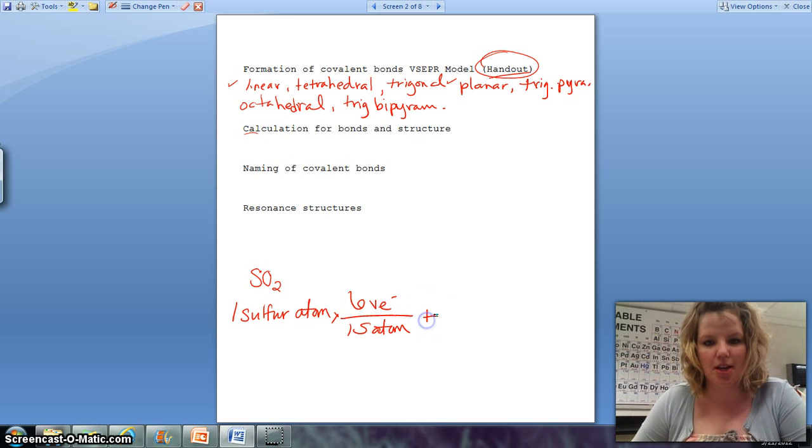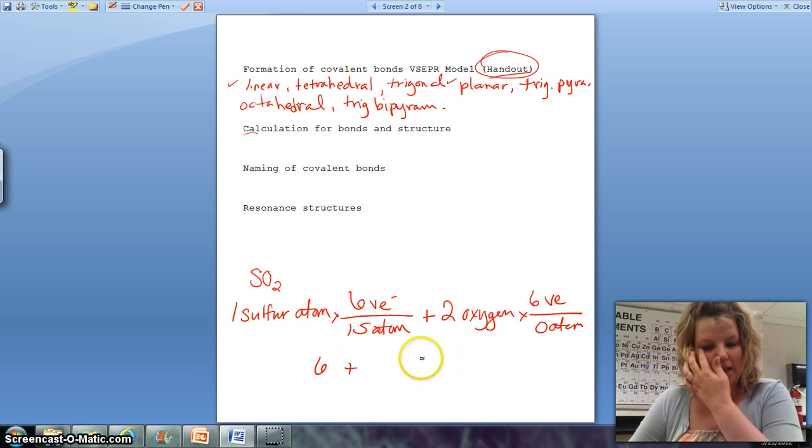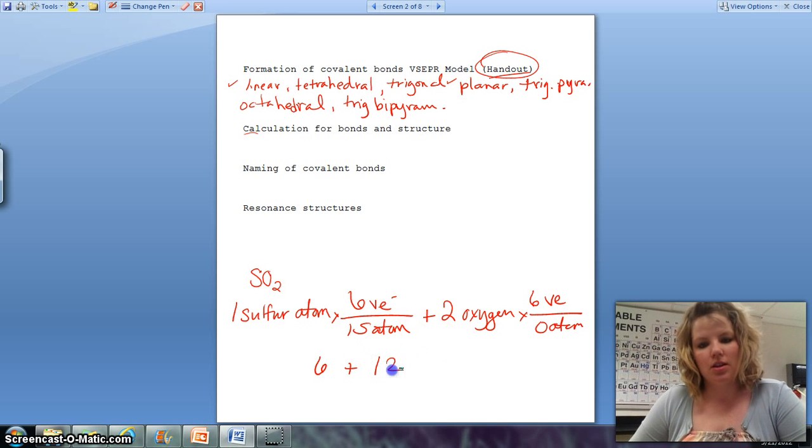We look at that on the periodic table. You add the second atom, so there's 2 oxygen atoms, and oxygen atoms have 6 valence electrons as well. So we have 1 times 6 is 6, plus 2 times 6 is 12. So we're going to have 18 total electrons.